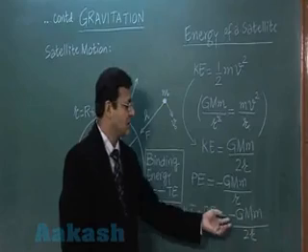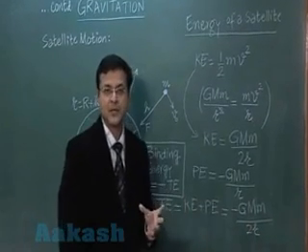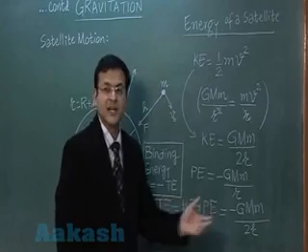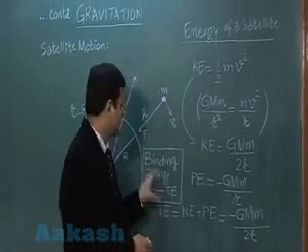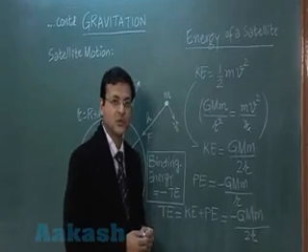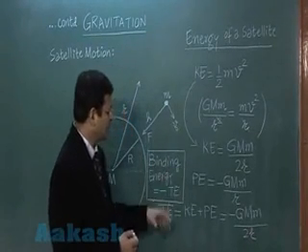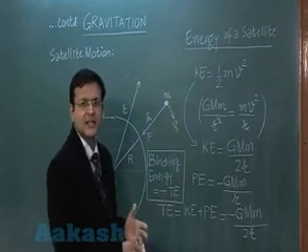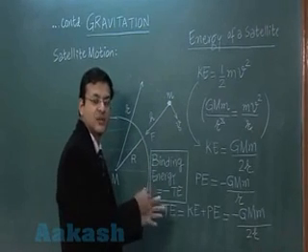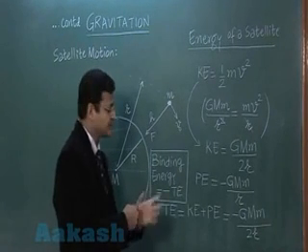Let's suppose this negative value is minus 10 joule, if it is total energy, that means the binding energy is the positive aspect of that, that is plus 10 joule. This is the binding energy. So binding energy and total energy are interrelated. Binding energy simply means that much energy which is binding that satellite to the central object.